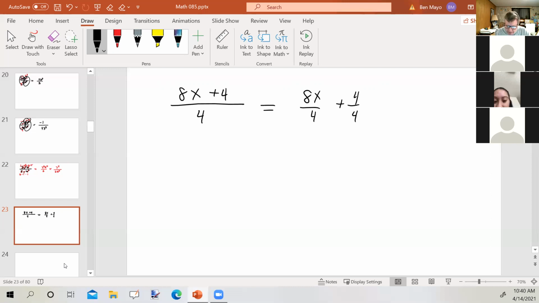So then 8x over 4 reduces down to 2x, and 4 over 4 reduces down to 1. So 8x plus 4 divided by 4 is 2x plus 1. Any questions there?